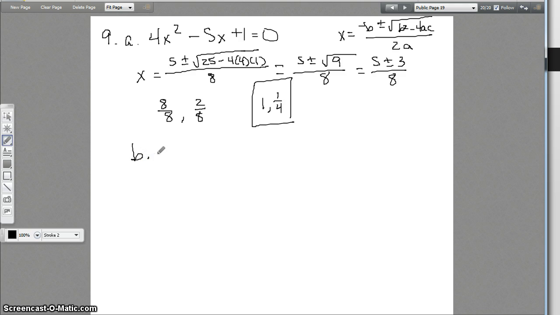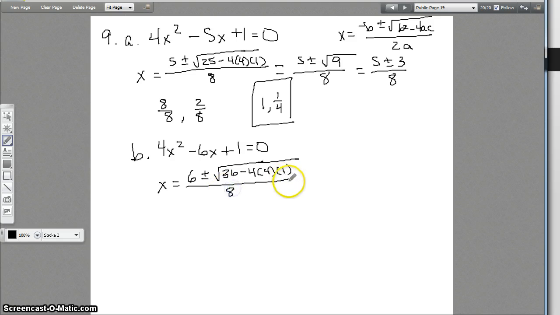Okay, so let's look now at part B. Part B is 4x squared minus 6x plus 1 equals 0. Again, we're going to plug everything into the quadratic formula. Negative b is negative of -6, so that's a +6, plus or minus the square root of b squared, which is 36, minus 4 times a times c, because our a and our c are 4 and 1, all over 2a, which is 8.